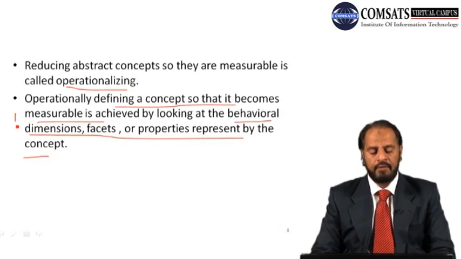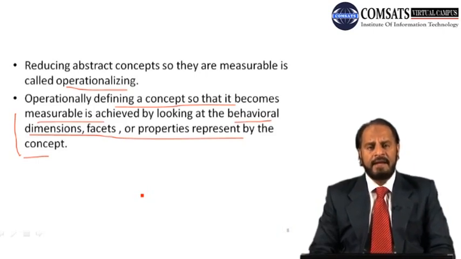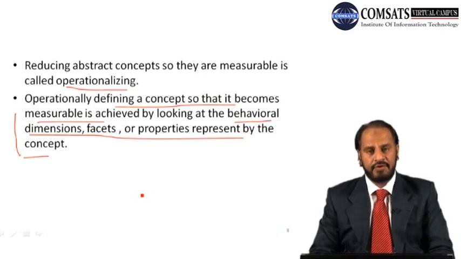So how do we do that? We basically try to see what are the characteristics, or behavioral dimensions, of that particular concept. Whatever the concept might be, whether motivation or loyalty or satisfaction, in any of these cases we need to see what are the behavioral dimensions, because that's what we can observe.